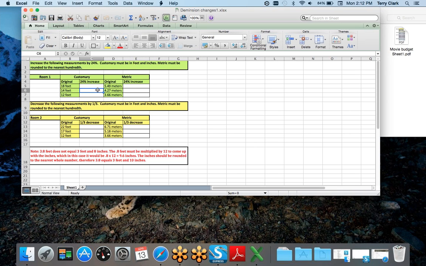Okay, so we're going to have 1, 2, 3, 4, 5, 6 calculations for room 1. The increases by the customary, and then the increases by the meters. And then for room 2, we're going to have 6 calculations. The decreases by the customary, which is going to be 3, and then the decreases by the meters, which is going to be 3.